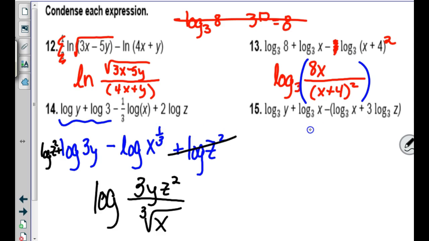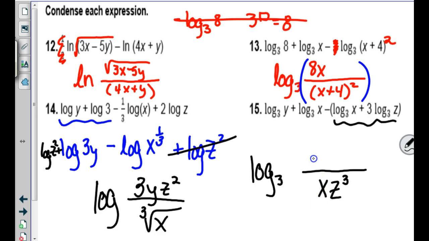What about this one over here? Now this time it is a distributed minus, right? So both of those are going to go in the denominator because it says minus both of those. So we'd have what in the denominator? Plus becomes times, right? Z cubed, yep.